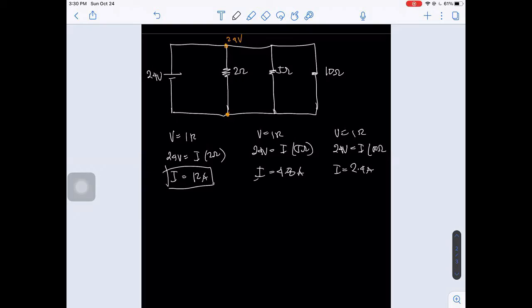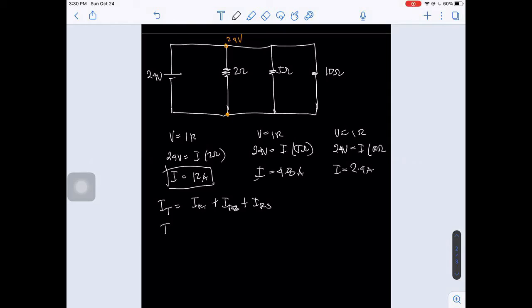So to solve for the equivalent resistance of the circuit, we need first to know also the total current that is flowing in the parallel circuit. In a parallel circuit, the total current is equal to I total, which is IR1 plus IR2 plus IR3.